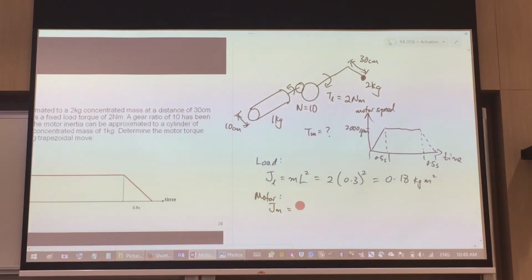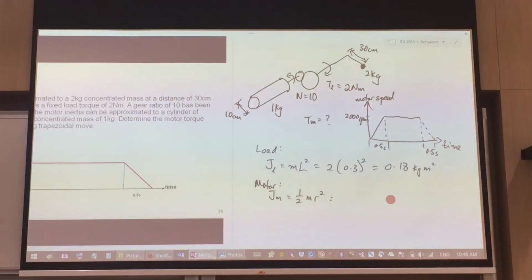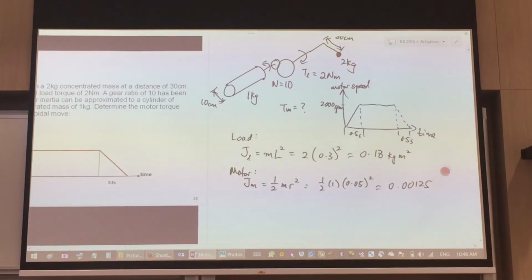Jm, on the motor side, is half M r squared. So half, the mass is 1, and r would be 0.05 squared, because that's the radius. The diameter is 10 centimeters. So this one would be 0.00125 kg·m².